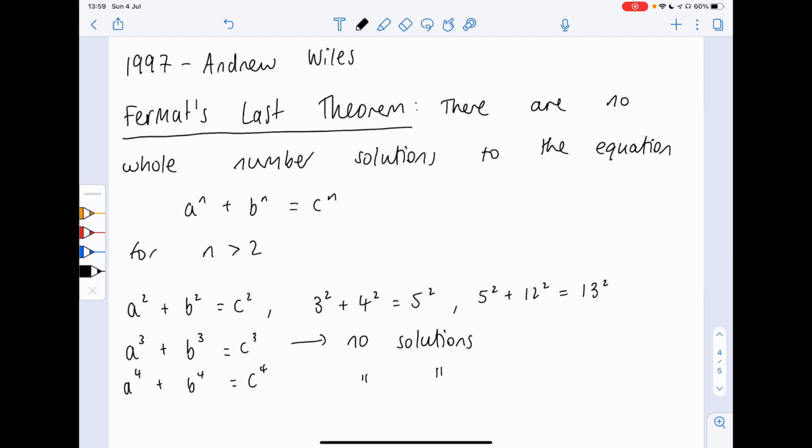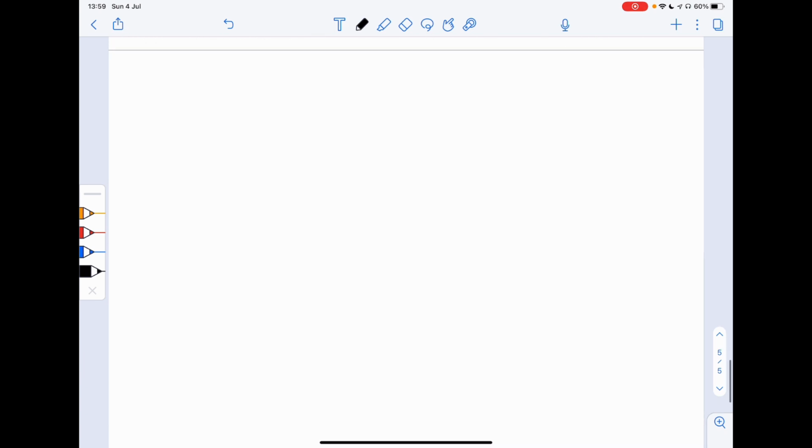Okay, so that's a bit of historical context about what number theory is about. Let's get on with actually doing some. So the first thing I'm going to do is tell you what modular arithmetic is. And lots of number theory problems rely heavily on modular arithmetic.